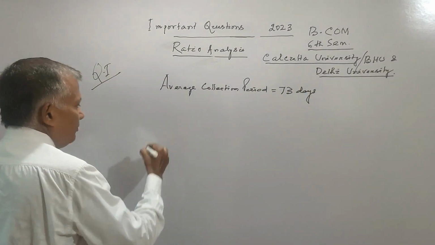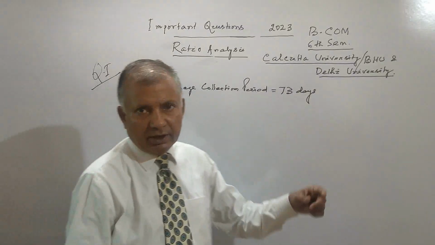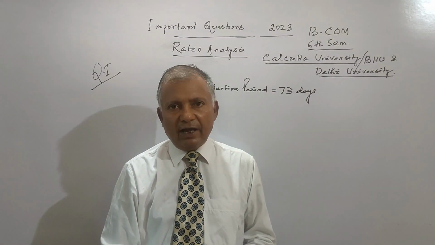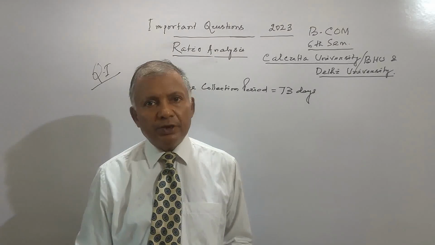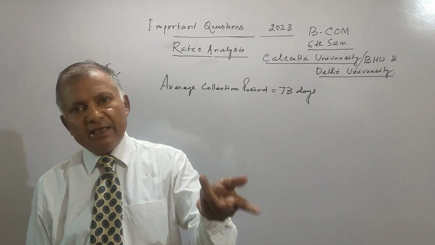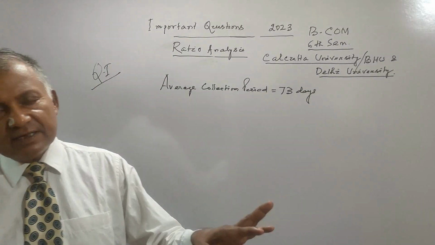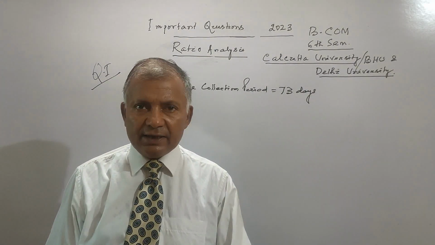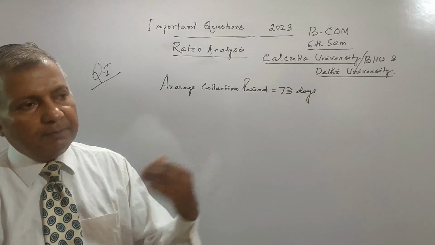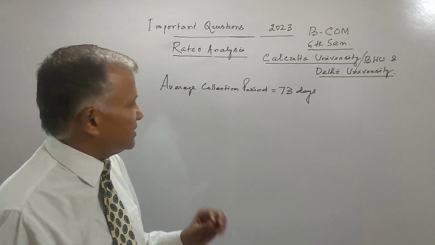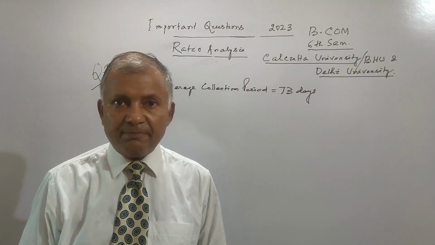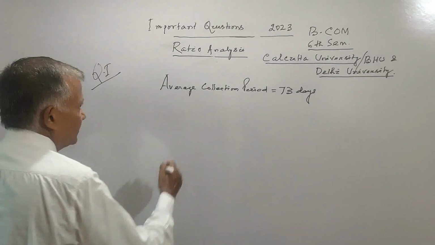If it is 73, please take 365. If it is 72 in the exam, take the year as 360. If it is 60 days, take 360. If it is 90 days, take 360. If it is 146 days, take 365, like this.